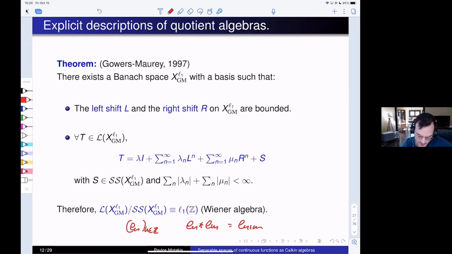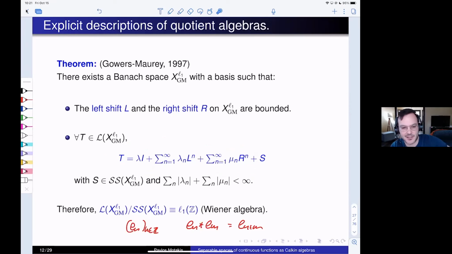And the identity corresponds to E_0, the left shift corresponds to E_{-1}, the right shift corresponds to E_1. And okay, so if you look at this in the Banach space, when you shift left and right, you sometimes kill an initial part of your basis, but it doesn't matter because you mod it out in the end.